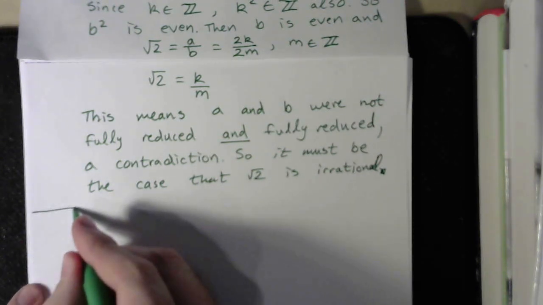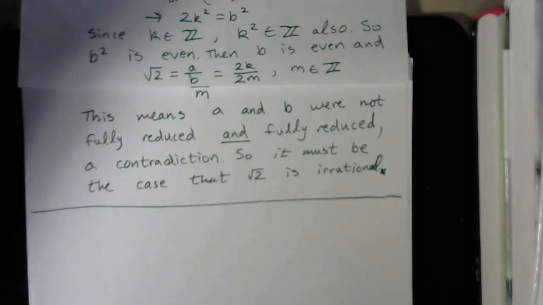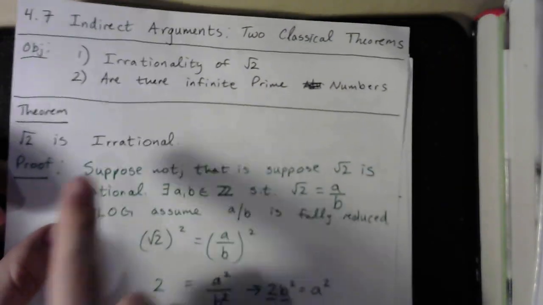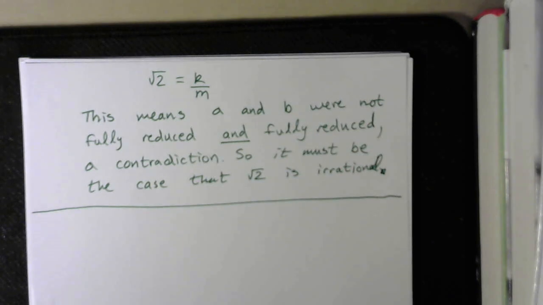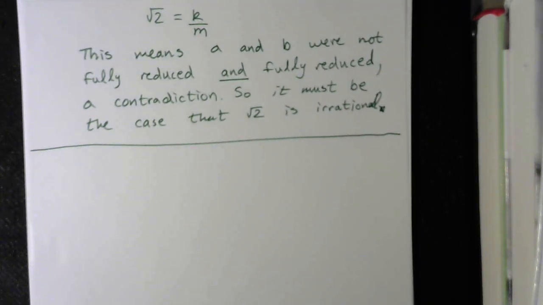So what we're going to do now, instead of jumping straight into the primes, is use this result, this theorem, to prove something else. Just a little bit interesting example.